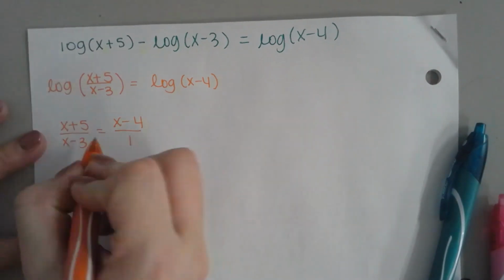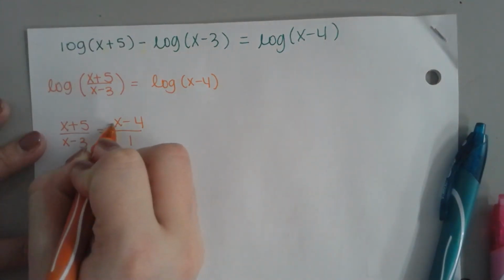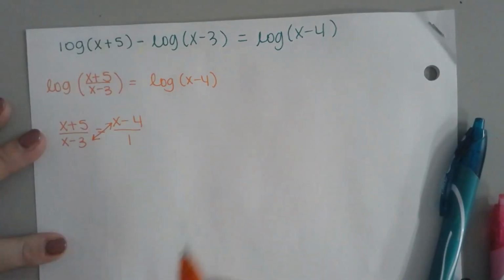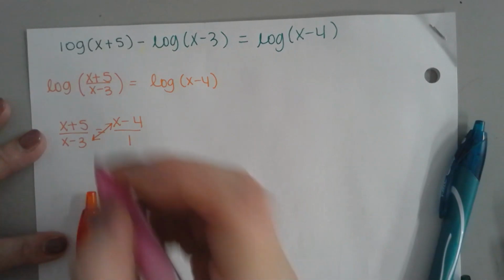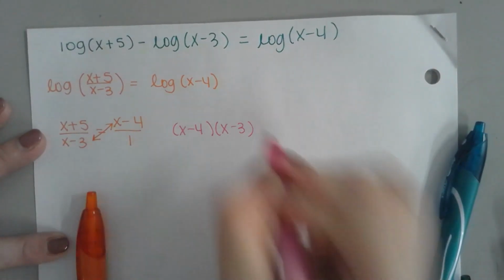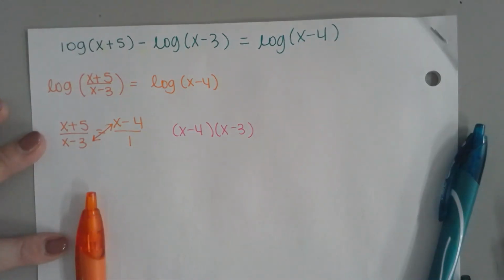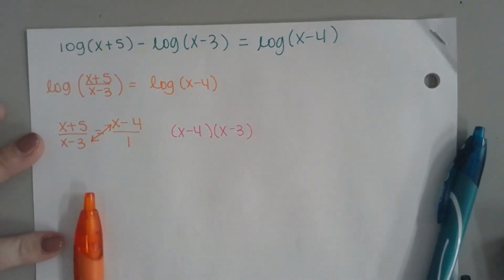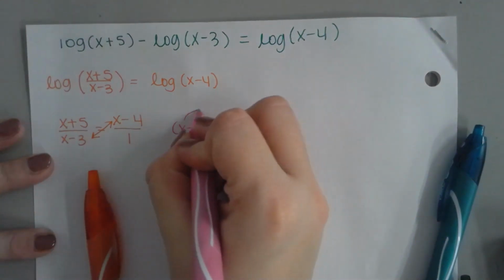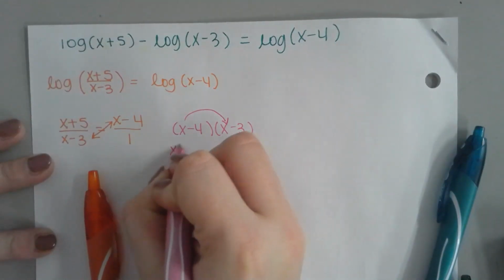So if we multiply, let's multiply these first. X minus 4 times x minus 3. You have to do FOIL method. It's not x squared plus 12. If you do x squared plus 12, you're going to miss that middle term. X times x is x squared.